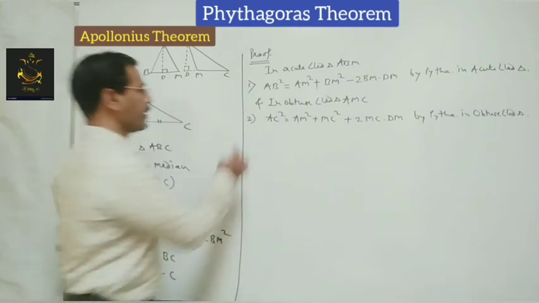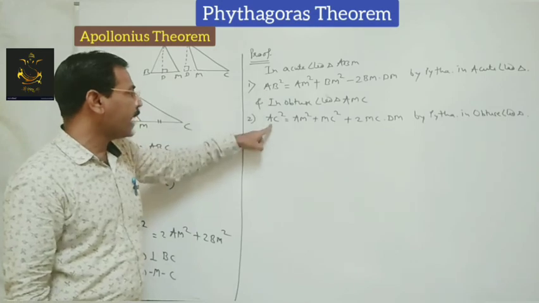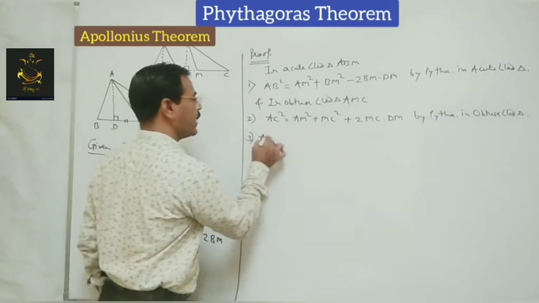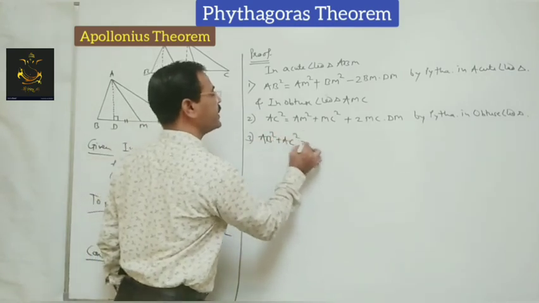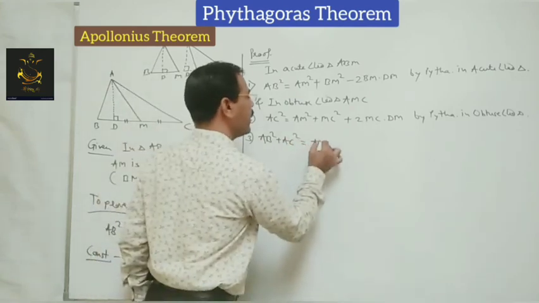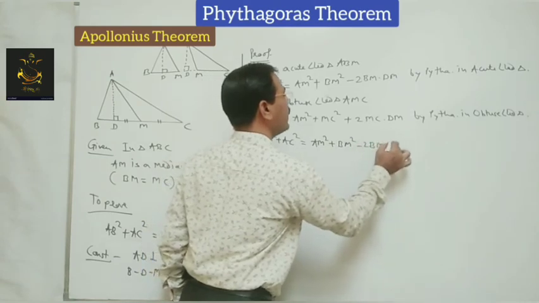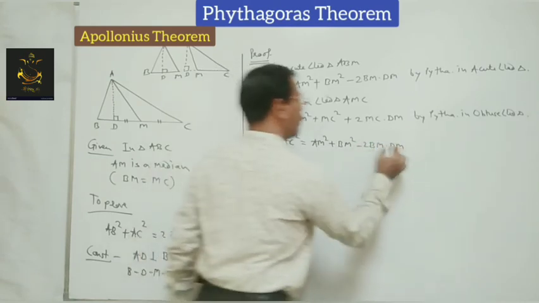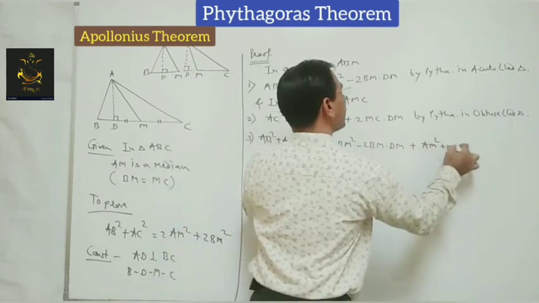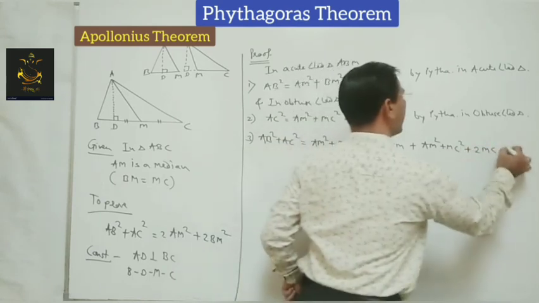Now look here. What are we going to make here? We need AB square and AC square, their sum. By adding these two, AB square plus AC square is AM square plus BM square minus twice BM into DM, plus this one, AM square plus MC square plus twice MC into DM.